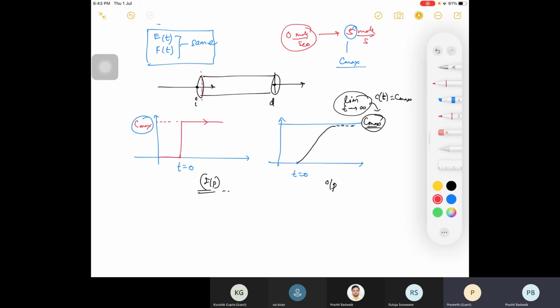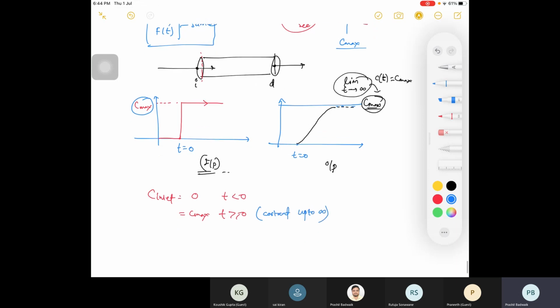Whenever I'm writing this in mathematical form, C inlet you can write as 0 when time is less than 0, and it equals C max when time is greater than or equal to 0. And this value is constant up to infinite time, I could say.